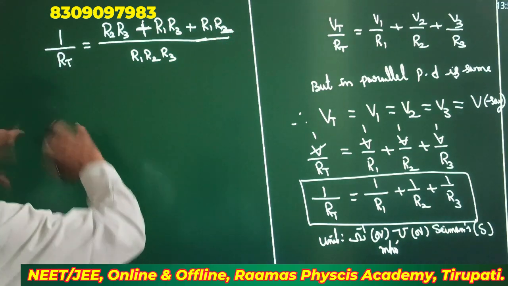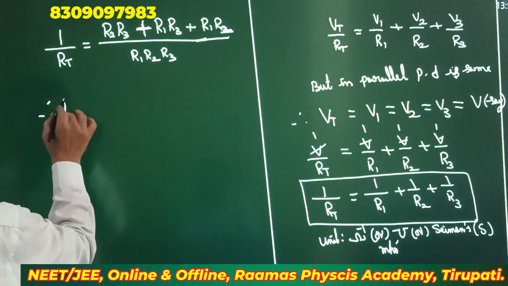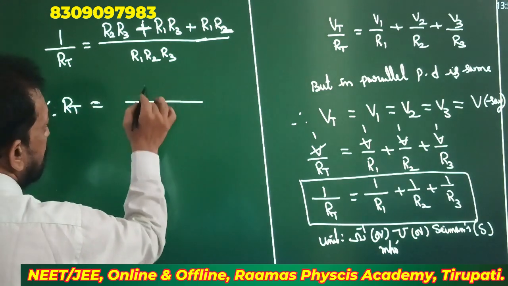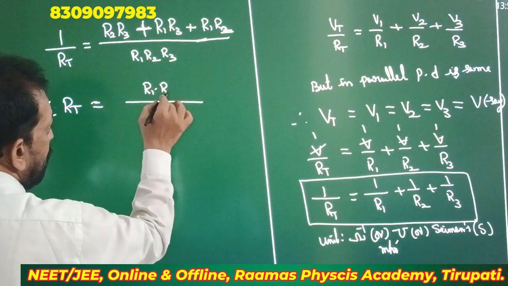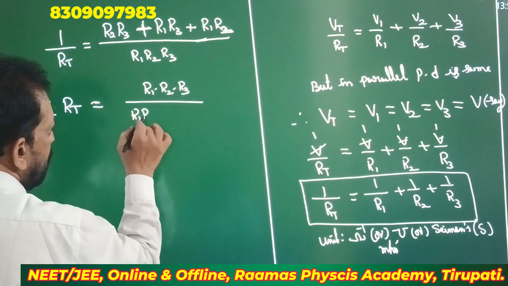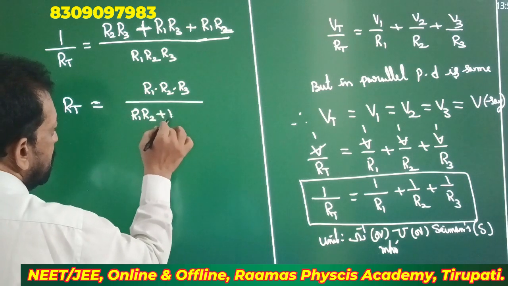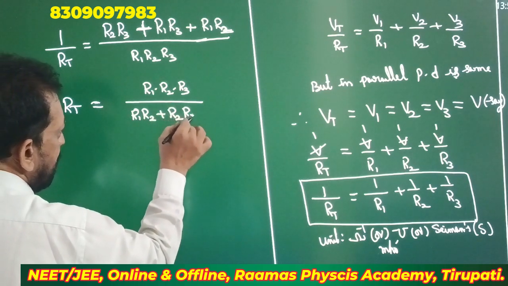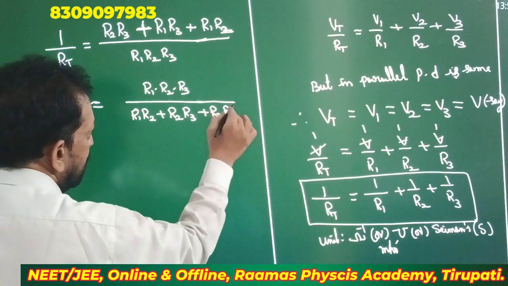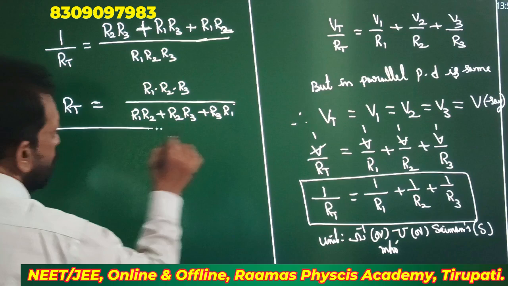I want to reciprocate now. Therefore, RT is equal to R1 R2 R3 divided by R1 R2 plus R2 R3 plus R3 R1. Now this is ohm.